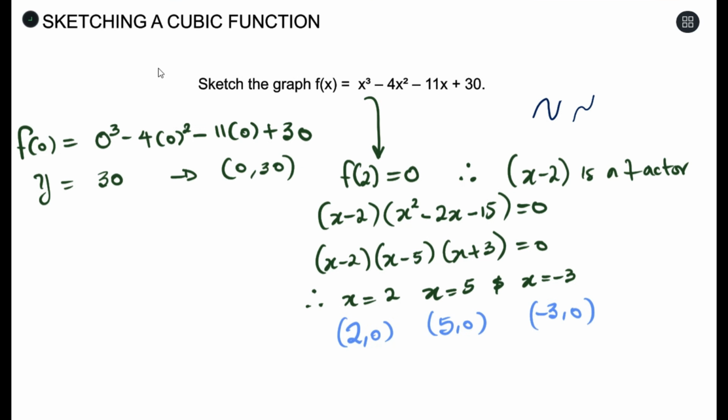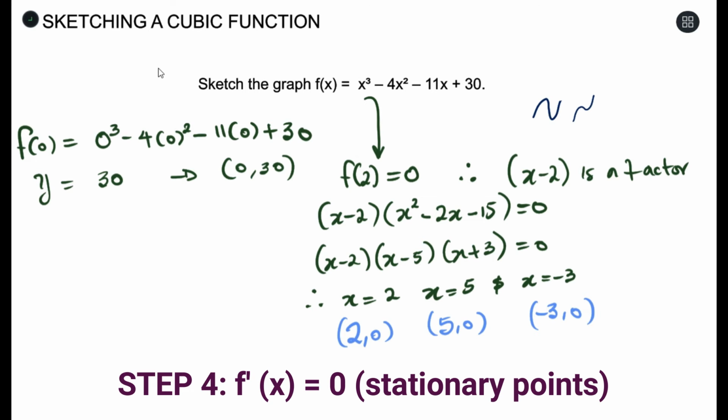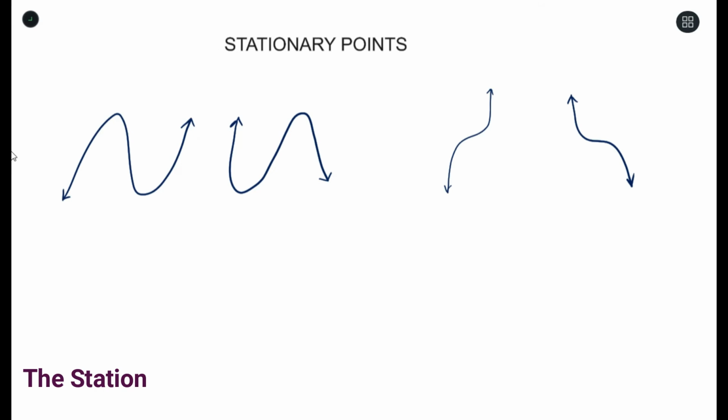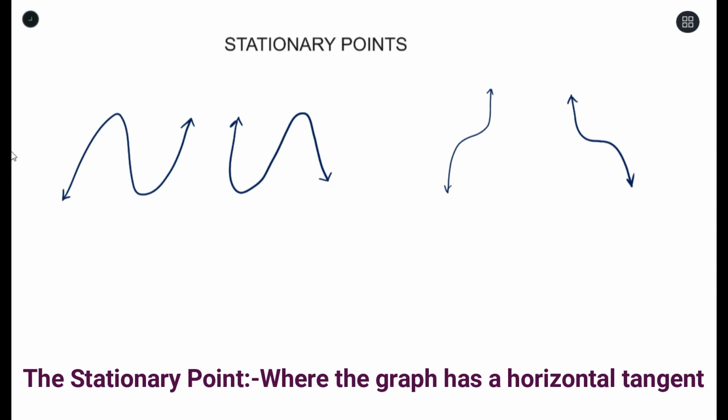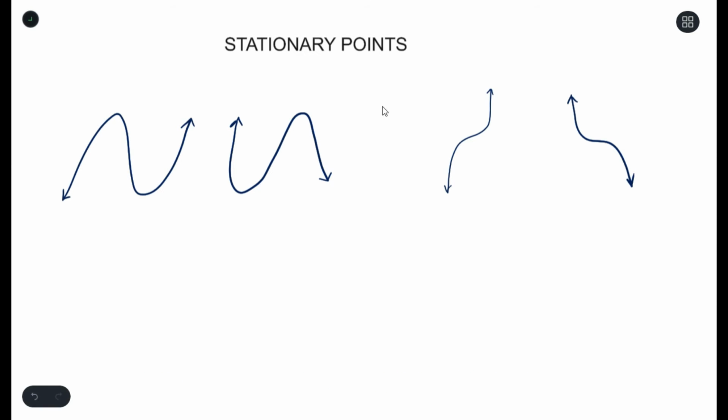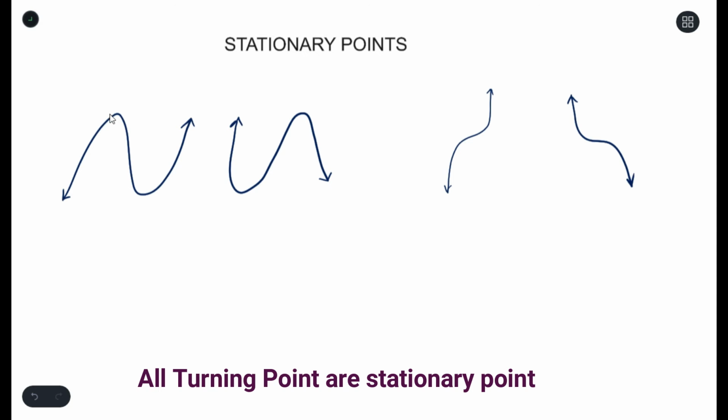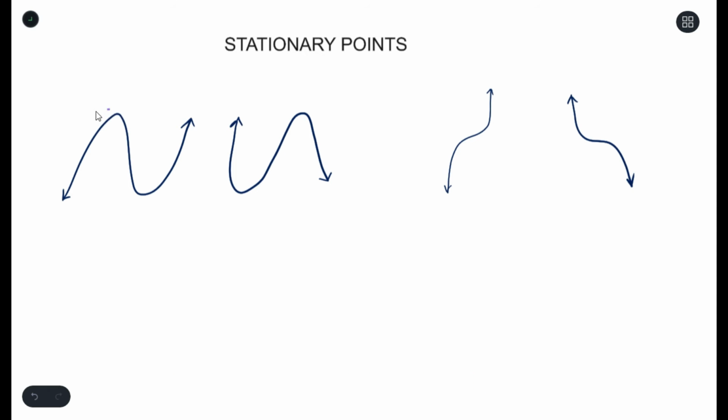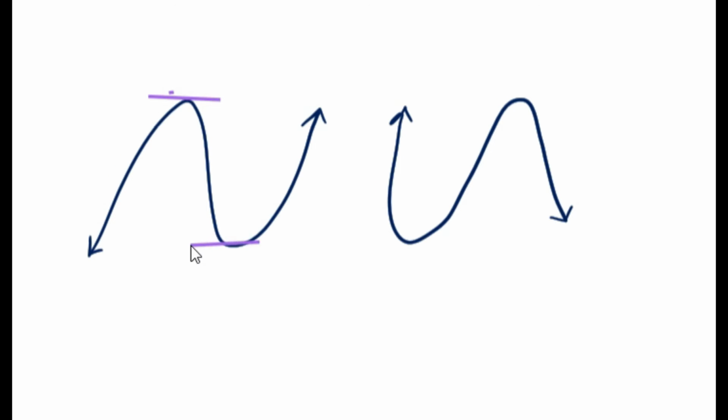Step 4 is determining the stationary points. Now, what are stationary points? Stationary points are points where the tangent to the curve is horizontal. Our turning points are stationary points. So if your graph looks like any of these two, these are our stationary points.